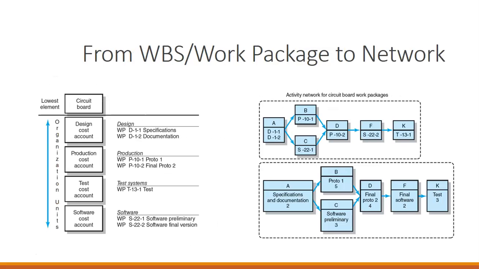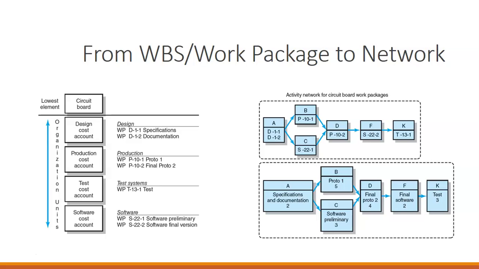So we go from the WBS and work packages to our network. We have this example from a previous chapter where we have a circuit board, and we have design, production, test, systems, and software. So we have the different organization units and what they're assigned to do for it. Then we have different components of that work network.